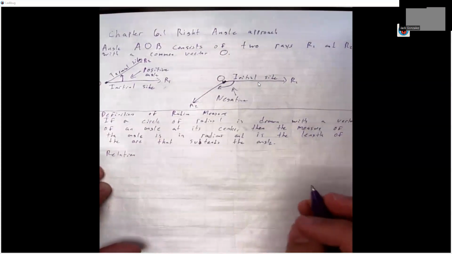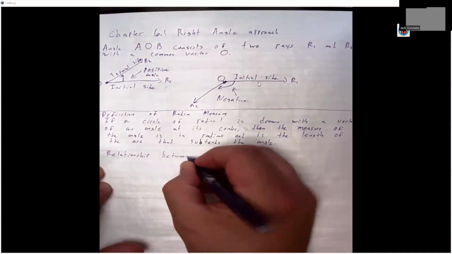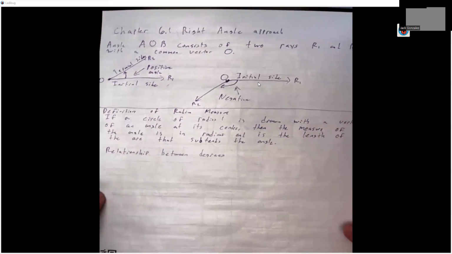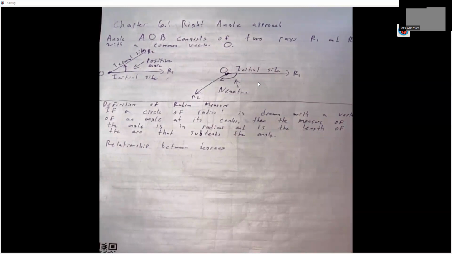So let me give you the math formula here for radians. The relationship between degrees. We're very used to degrees, even though they're kind of messed up. Radians are a more useful unit because we can do calculations with radians. Can't really do that calculation with degrees very often.